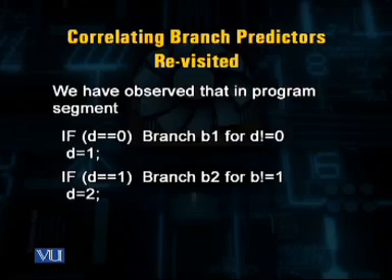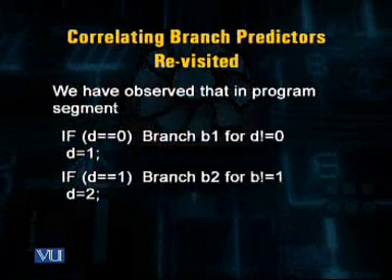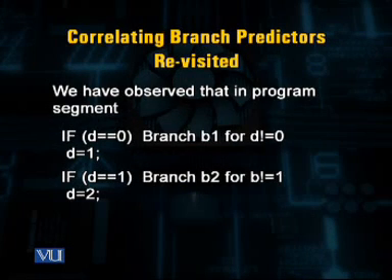That is, the prediction of the current branch, in this example branch B2, is affected by the behavior of the recently executed branch, in this case branch B1. Here, you can see that if branch B1 is predicted as taken, then the prediction is correct if B1 is taken, and it may be mispredicted if the initial value of D is not equal to 0.